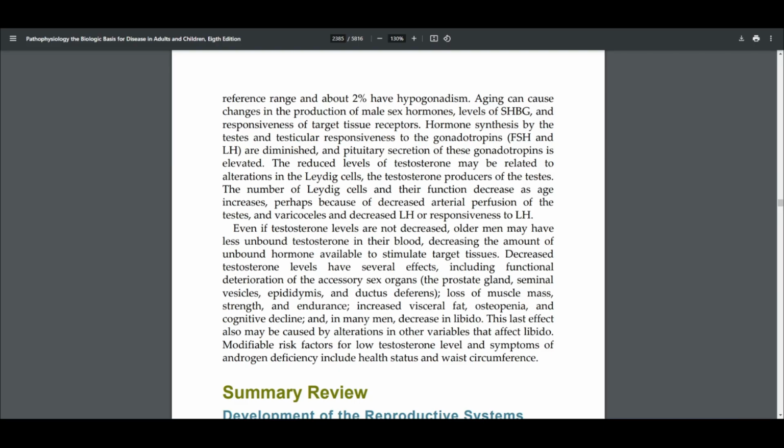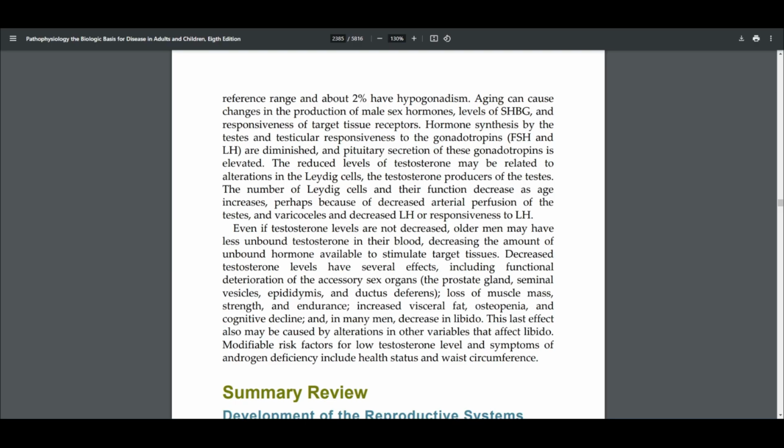Even if testosterone levels are not decreased, older men may have less unbound testosterone in their blood, decreasing the amount of unbound hormone available to stimulate target tissues. Decreased testosterone levels have several effects, including functional deterioration of the accessory sex organs, loss of muscle mass, strength, and endurance, increased visceral fat, osteopenia, cognitive decline, and in many men, decrease in libido.